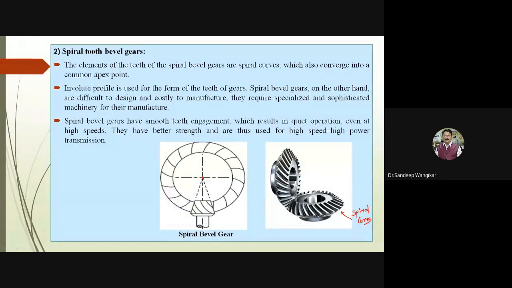Spiral bevel gears, on the other hand, are difficult to design and costly to manufacture. They require specialized and sophisticated machinery for their manufacture. As compared to straight gears, which are easy to design, the spiral gears are difficult to design.